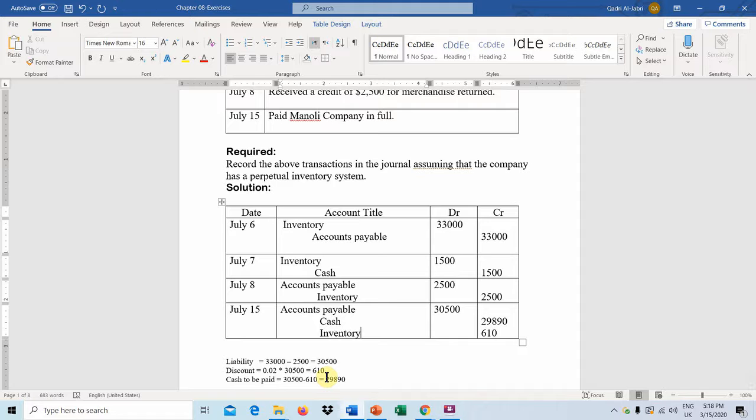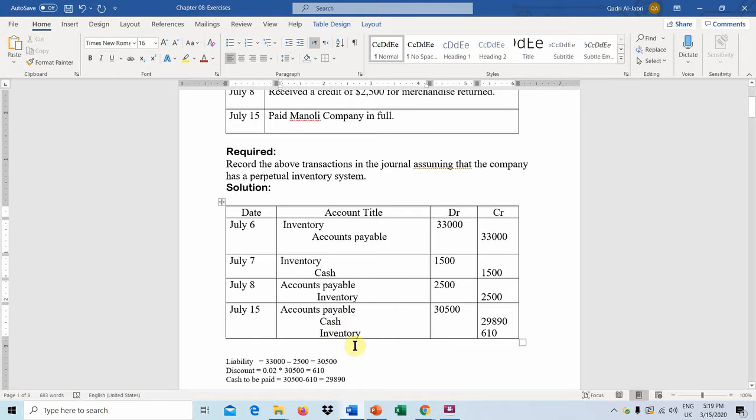So based on the perpetual inventory system, I will debit inventory for the purchase price. I debit the inventory for any freight paid on this purchase. I will credit inventory for any purchase returns, and I will credit inventory for any purchase discount.